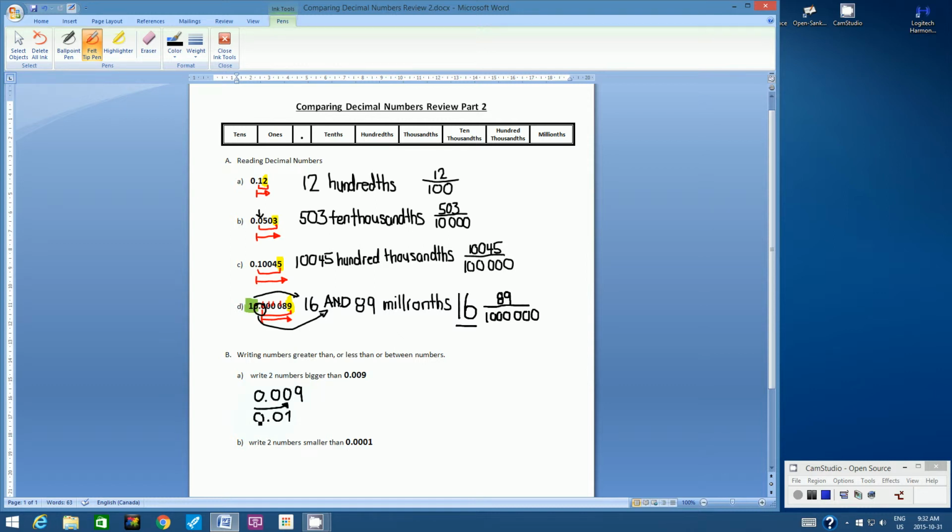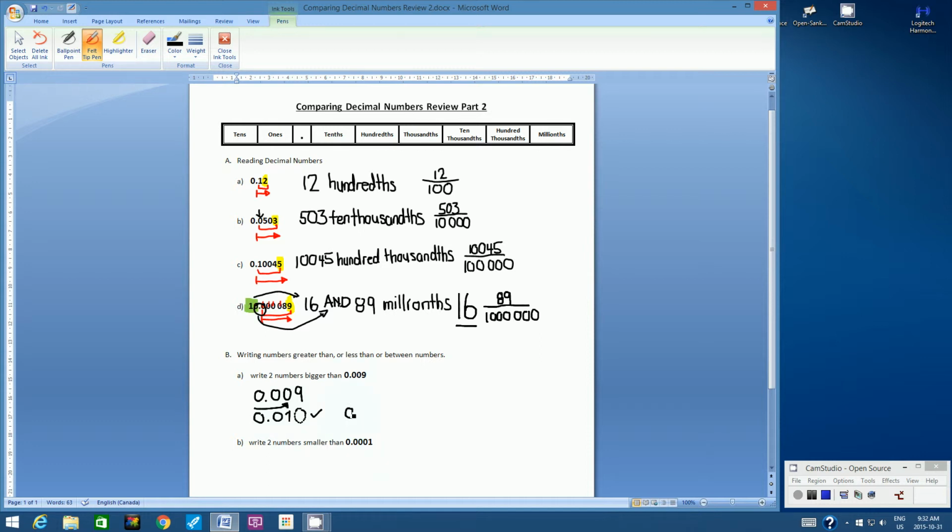Because if you think of this number, 0.01, if we pretend that there is actually a 0 behind it, because there is, it's just invisible and we don't write it, we can see that this number clearly, 10, is bigger than this number, 9. Okay? So that's one number that's bigger than 0.009. So can you think of another number that would be bigger than 0.009?